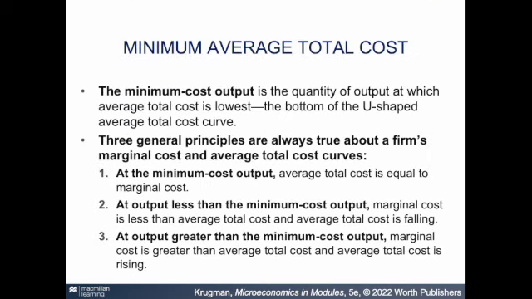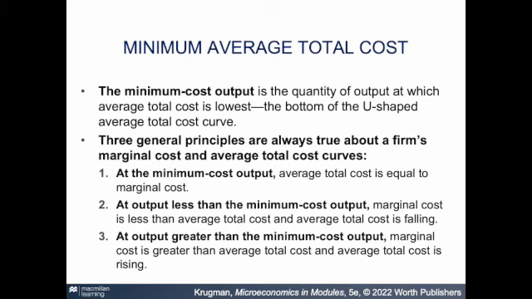Minimum average total cost. The minimum cost output is the quantity of output at which average total cost is lowest, the bottom of the U-shaped average total cost curve. 3 general principles are always true about a firm's marginal cost and average total cost curves. 1. At the minimum cost output, average total cost is equal to marginal cost. 2.